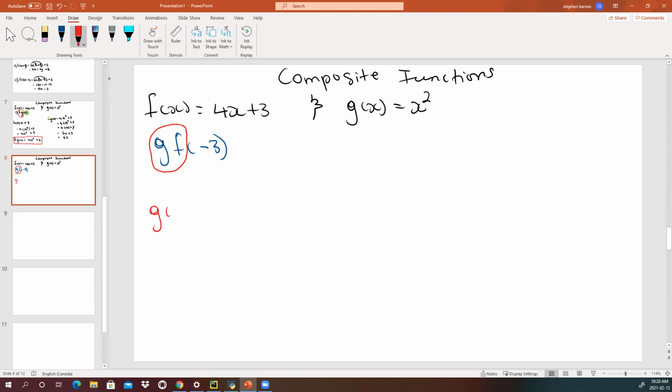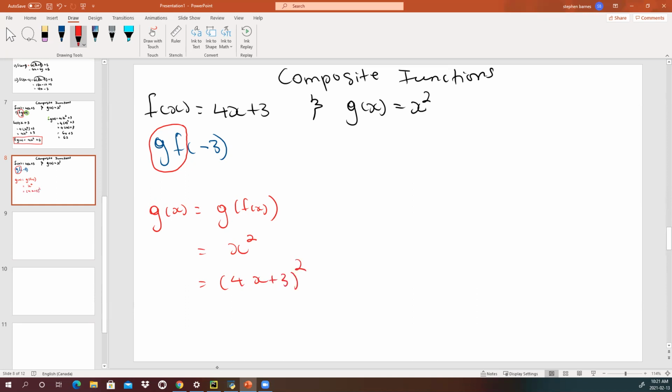G of f, basically you're putting the f function into your g function. My g is x squared, so I'm putting in the f function, which is 4x plus 3.